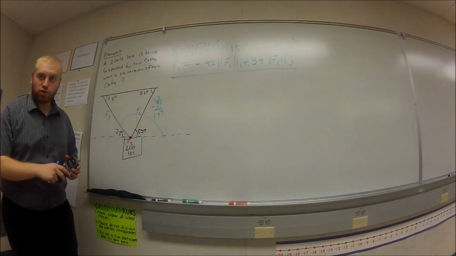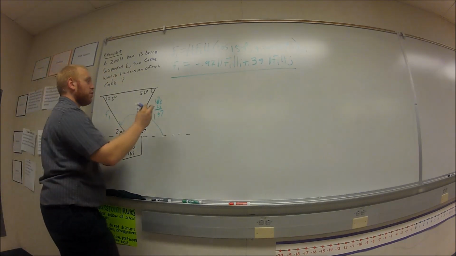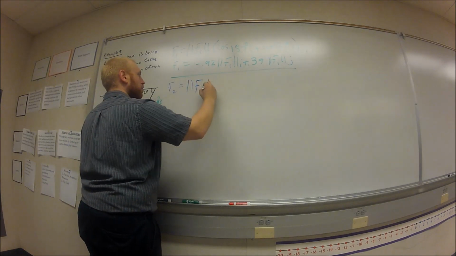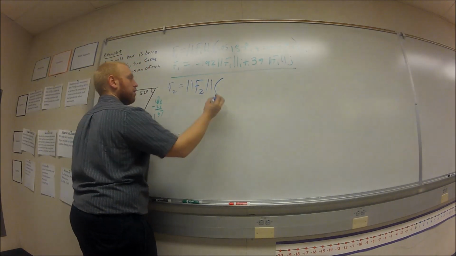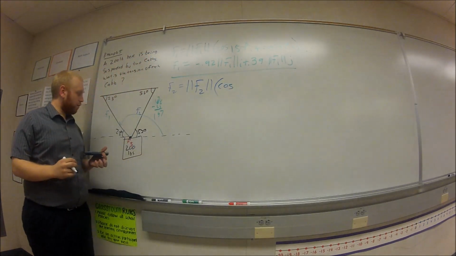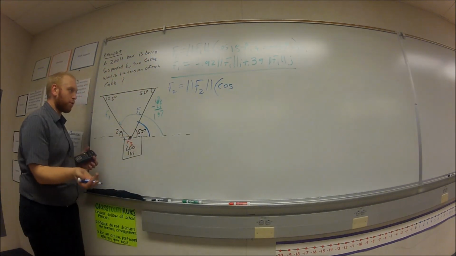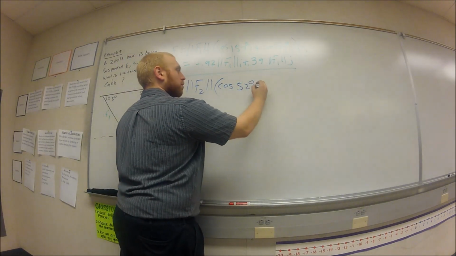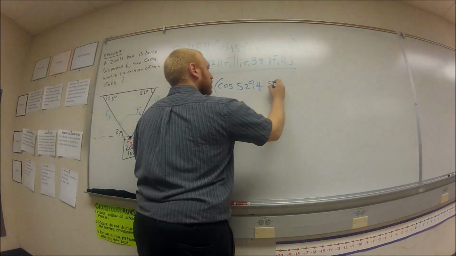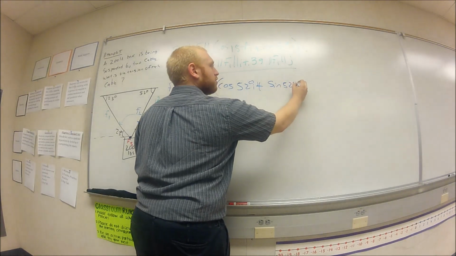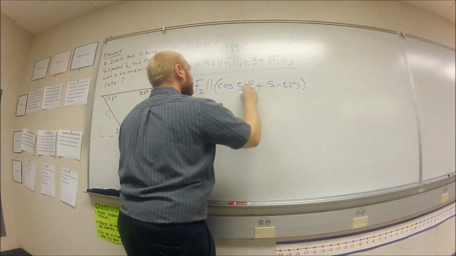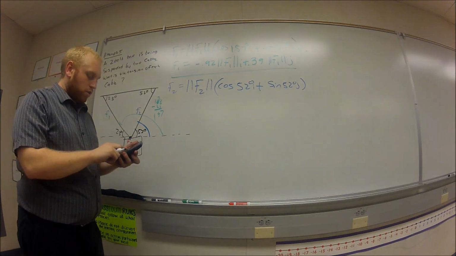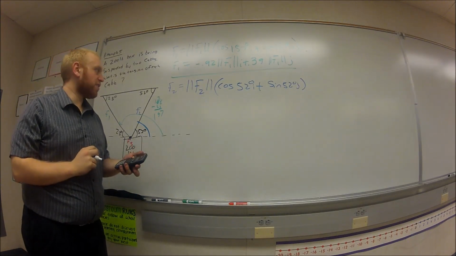Now let's deal with force 2. Well, force 2 has to be its magnitude times the cosine of 52, which is 0.62.